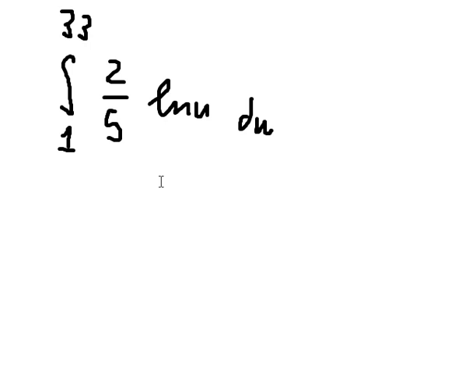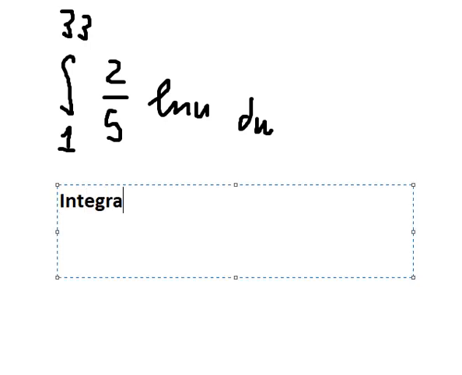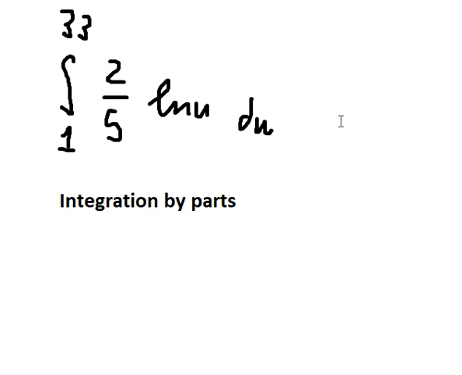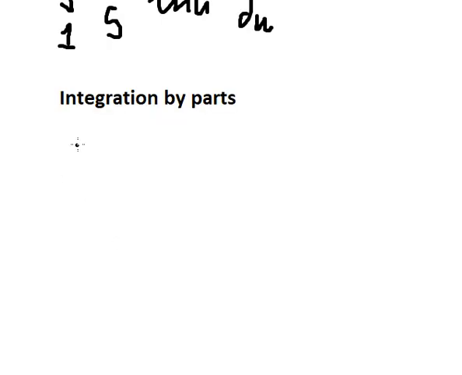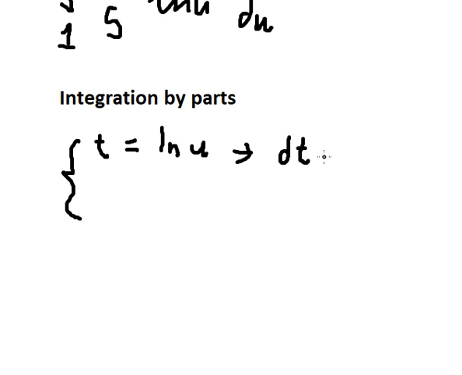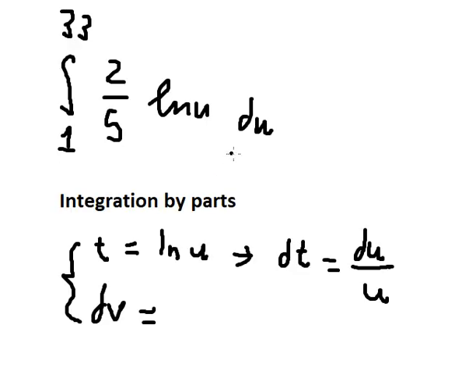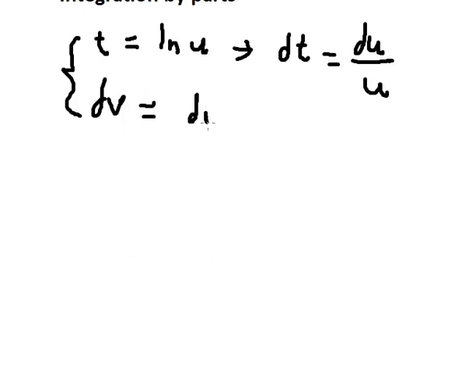Now in this one, we can use integration by parts. So I will put t equals ln u. Then we first take the derivative of both sides, and we get this. dv is du, and v equals u after we integrate both sides.